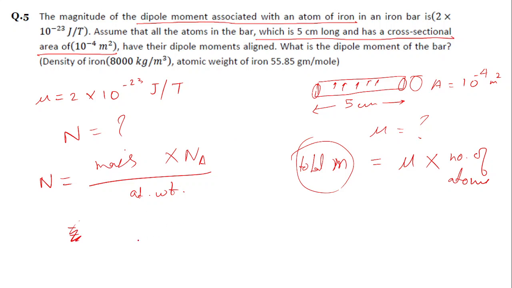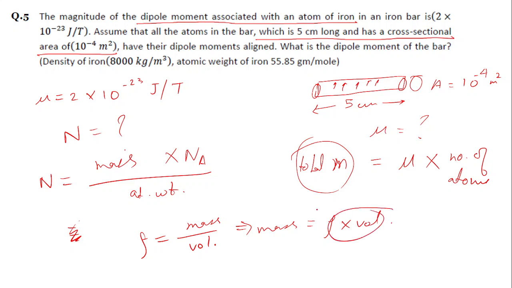So we know density of any material is given by mass upon volume. Here we have been given density and we have been given dimension of this bar, so we can find out mass from that. So mass will be density times volume.